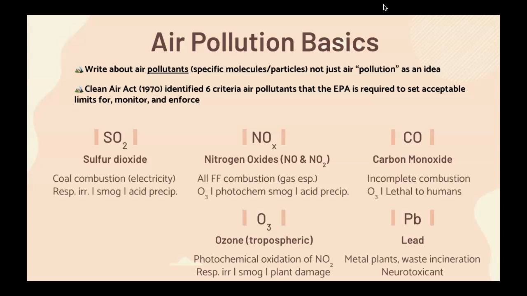Ozone is a respiratory irritant. It's also an ingredient in photochemical smog formation, and high levels of tropospheric ozone can impede plants' ability to photosynthesize, so it can cause damage to plant life.